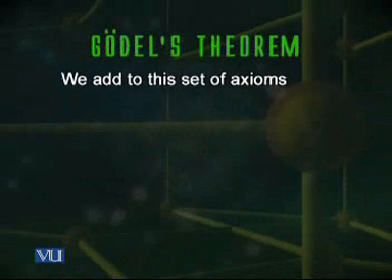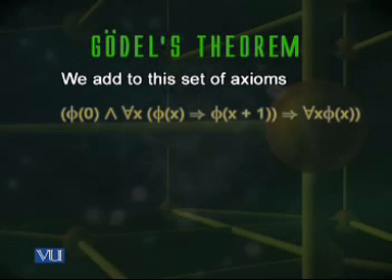These axioms are not enough to define all the properties of numbers. We need one more axiom. Let's look at this very, very special axiom. We have to add to this set of axioms an axiom which says: phi of 0, and for all x, phi of x implies phi of x plus 1, implies that for all x, phi of x.